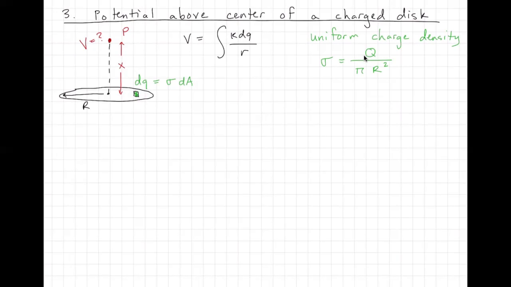But what's dA? Well, there's a couple ways to think about what dA is. One is dA is just the area of this little rectangle that we've drawn here. So this little rectangle has two sides, and we want the area of that little rectangle. This side length just comes radially outward from the center.